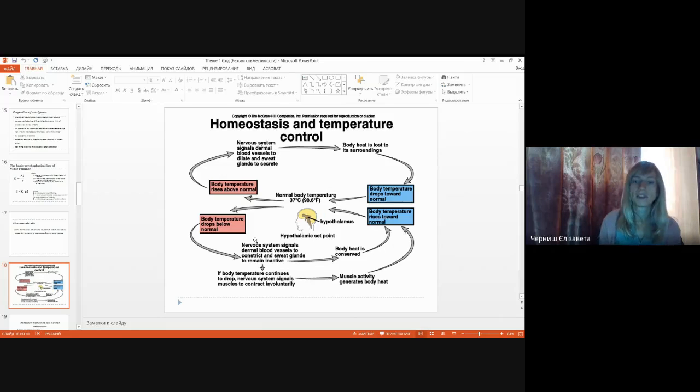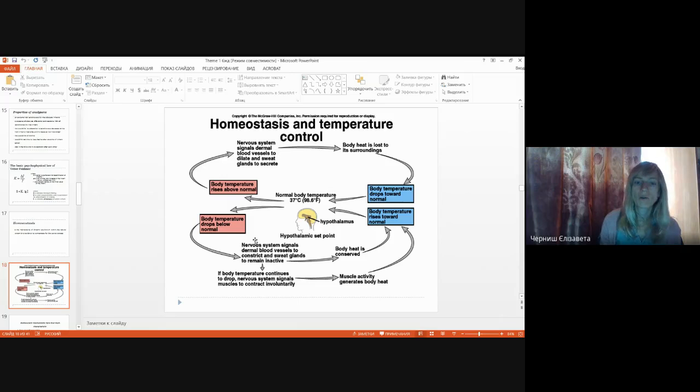We see how normal body temperature is regulated, and how the regulation impacts our nervous system, how it influences different conditions in our body: muscular activity, general body heat.